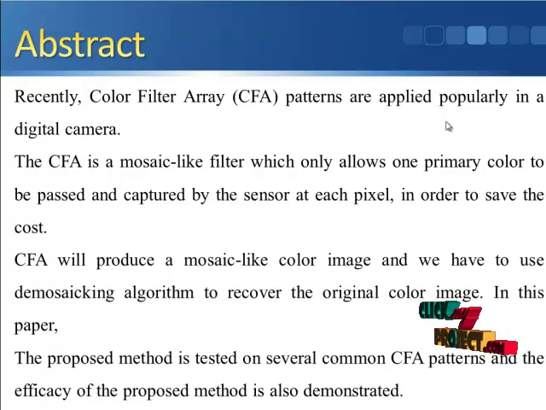The sensor is covered with a color filter array, that is CFA, which causes each pixel in the camera to capture only one color channel. This is because only one color element is available in each pixel, and the 2 missing colors must be estimated from the adjacent pixels. This process is called interpolation or CFA demosaicking.